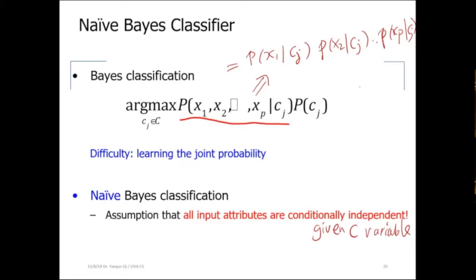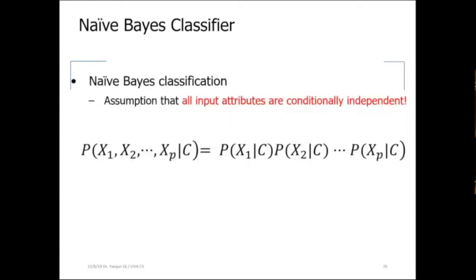I don't need to do the joint anymore. I only need to estimate x1 conditioned on cj, x2 conditioned on cj, until xp conditioned on cj. This is a simplification. It's not because this exists; this is my assumption. I'm assuming the joint probability equals the multiplication of each.